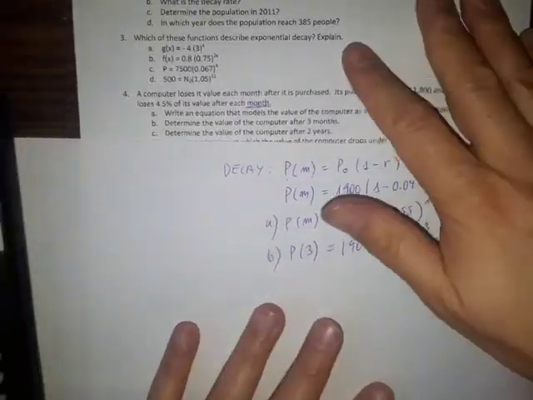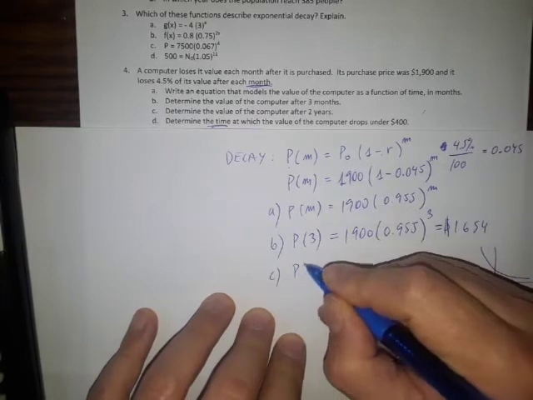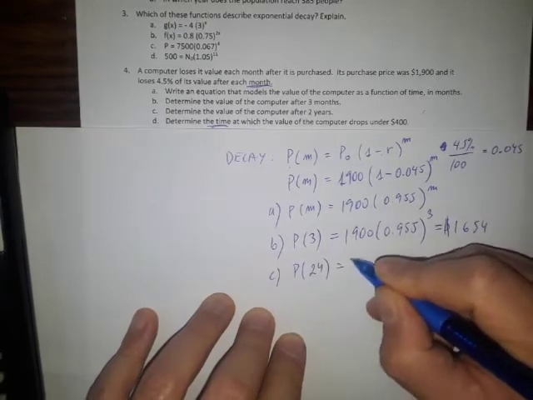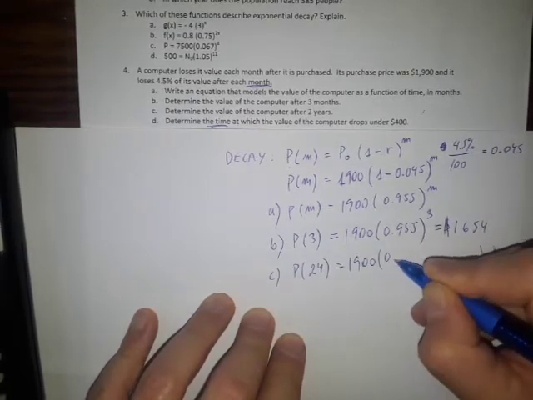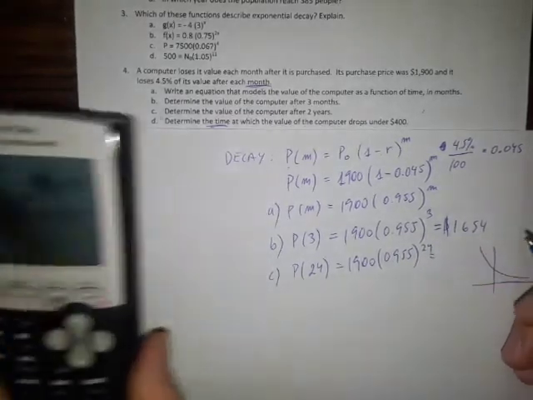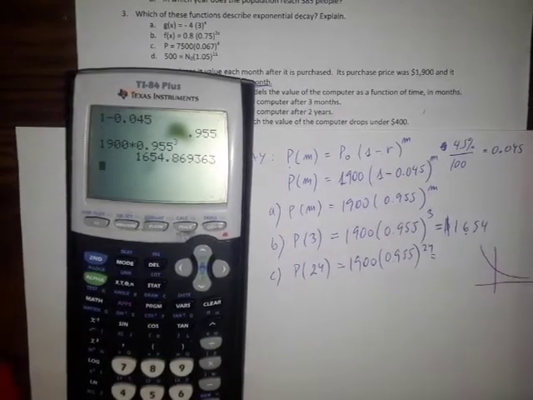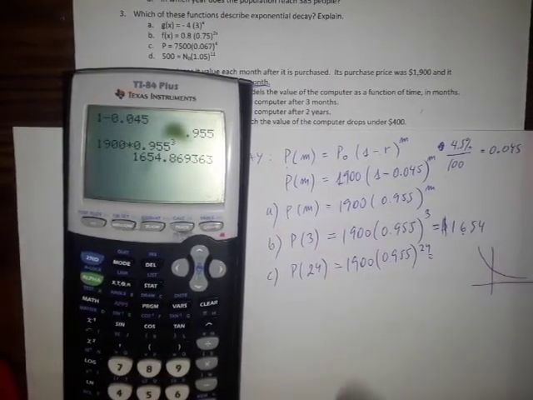Okay, C, after 2 years, well, that's easy, right? 2 years, how many months is that? It's 24, right? So this is just the same exact exercise, but instead of 3, it's just 24, right? And then is the price going to be more or less than the value we get for 3 months?